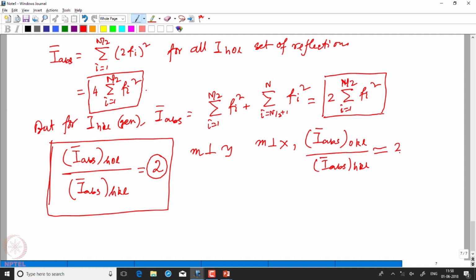That will indicate the presence of a mirror perpendicular to x, and similarly a mirror perpendicular to z can also be found using this method. So with this statistical analysis of your observed data, one can identify the presence of a mirror or a twofold axis which otherwise cannot be found using any systematic absence conditions.